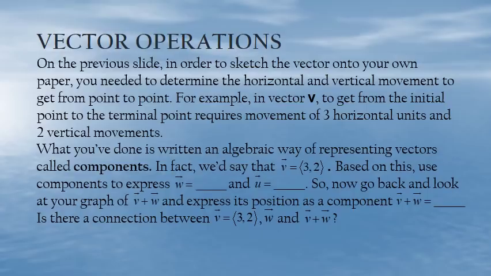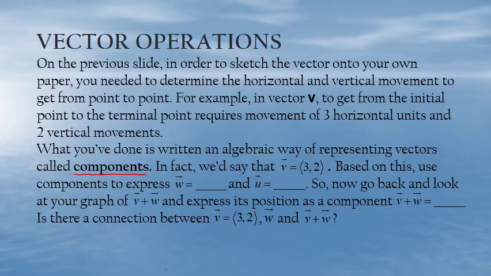What you did was you found an algebraic way of representing vectors called components. Maybe pause this video and go back and pay attention to how I redrew vector v. I had an initial point, and then to get to the terminal point, I had to go to the right 3 and then up 2.